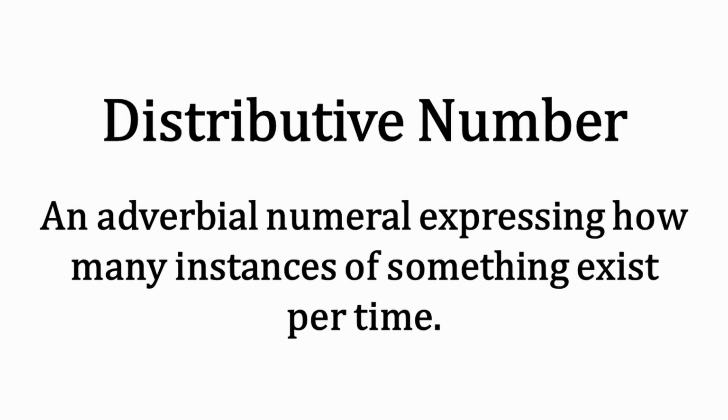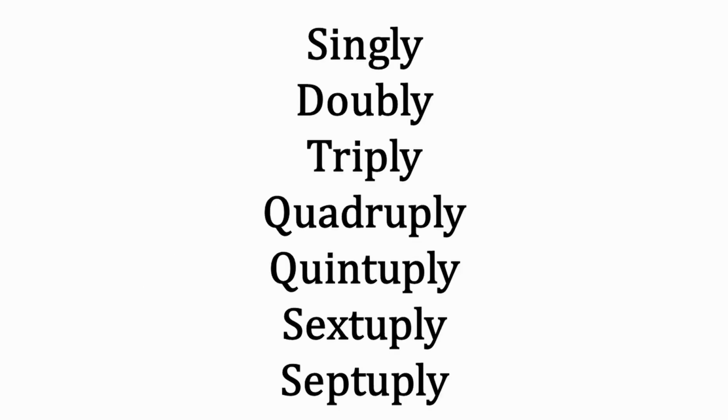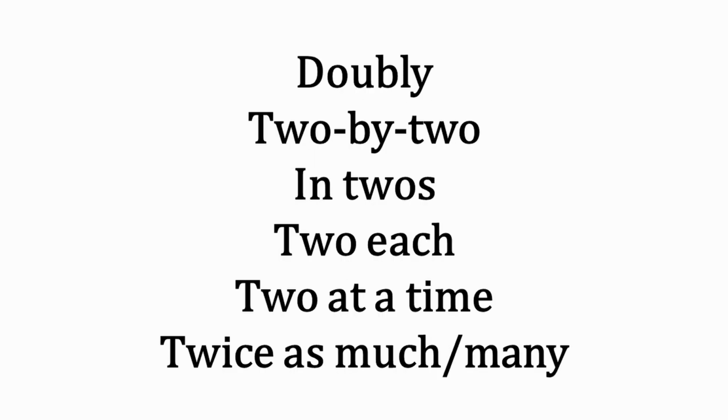A distributive is used to express how many of something there is per unit of something else. Again, as separate words, these are rare in English, but used more in other languages. And in English we have a range of other ways to express them. Think doubly, 2 by 2, 2 each, and in twos.